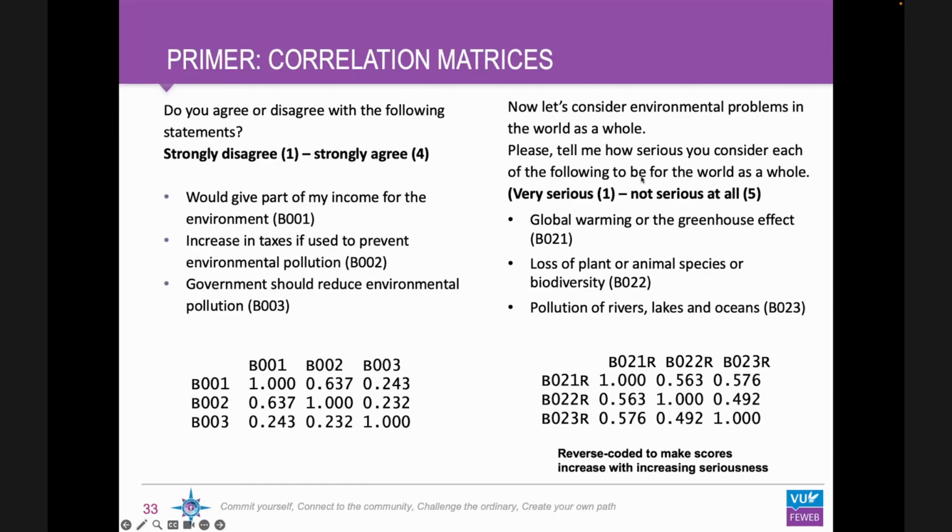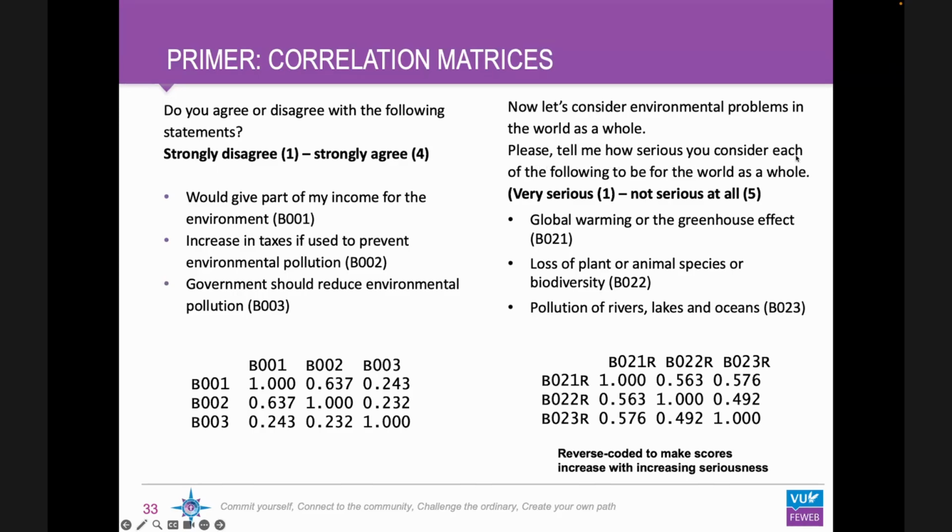So now let's add another construct, because in the construct validity, we will look at convergent and discriminant validity in a moment. We looked at this willingness to pay, but we also have a second construct with 3 items, which is related to environmental problems in the world as a whole.